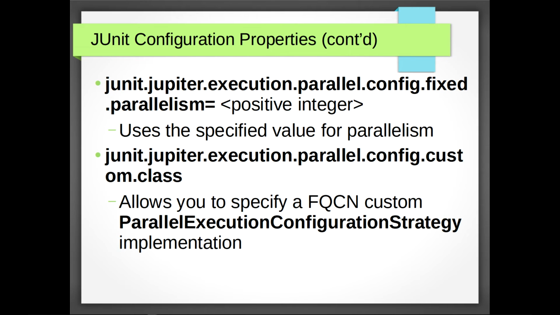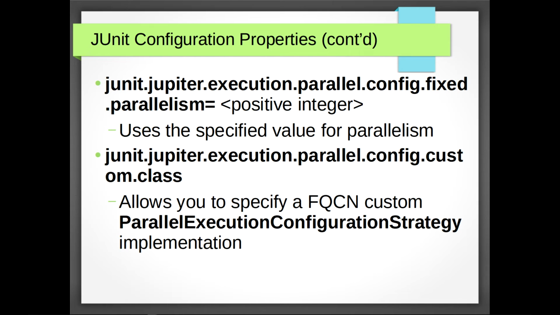The next parallel execution configuration property deals with the fixed parallel configuration strategy. It is junit.jupyter.execution.parallel.config.fixed.parallelism equals a positive integer.